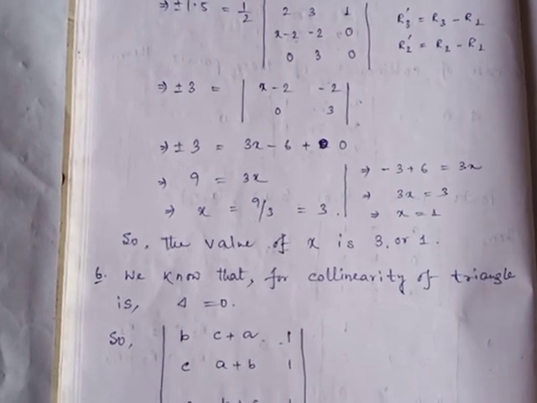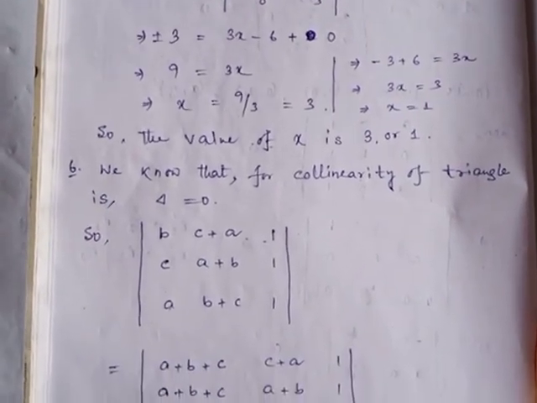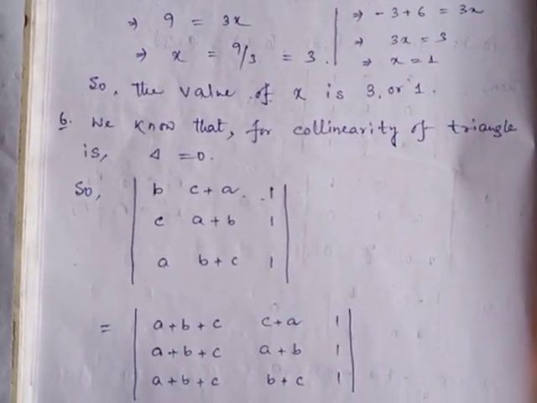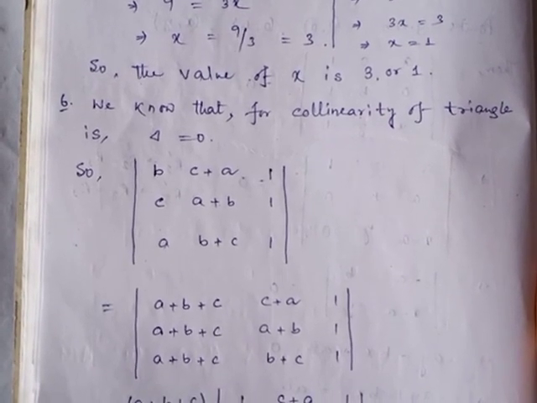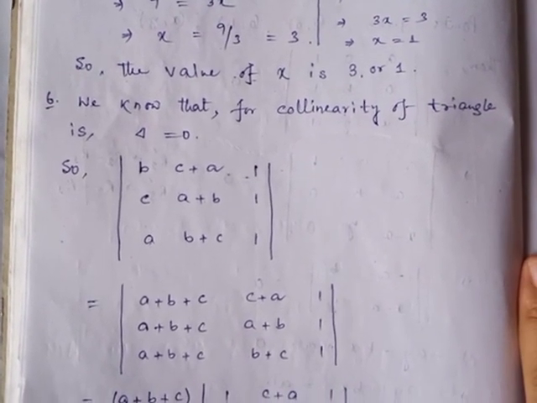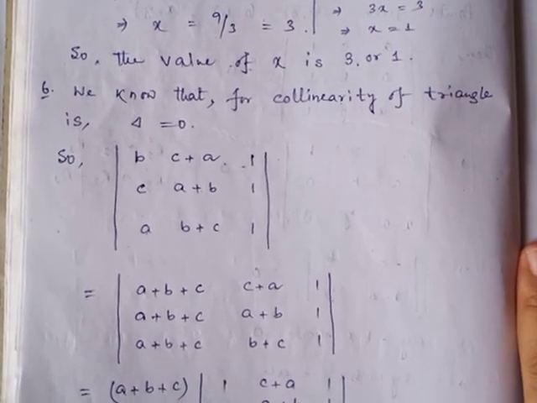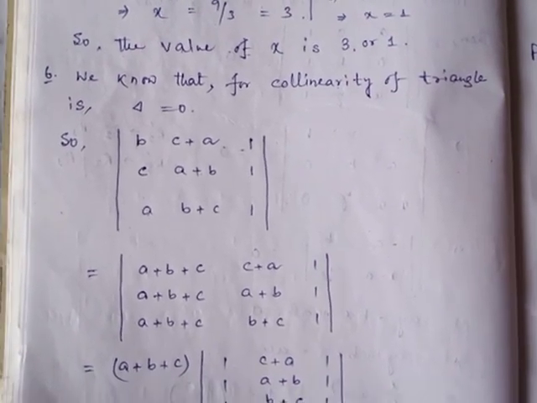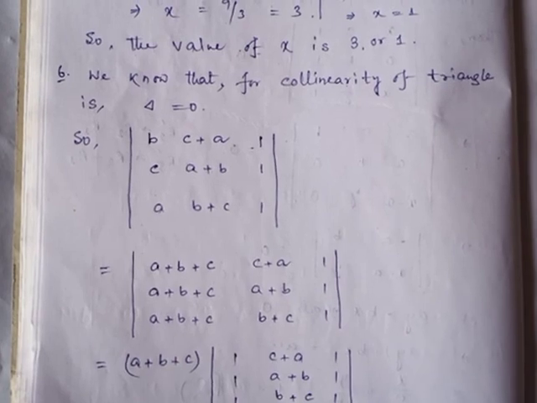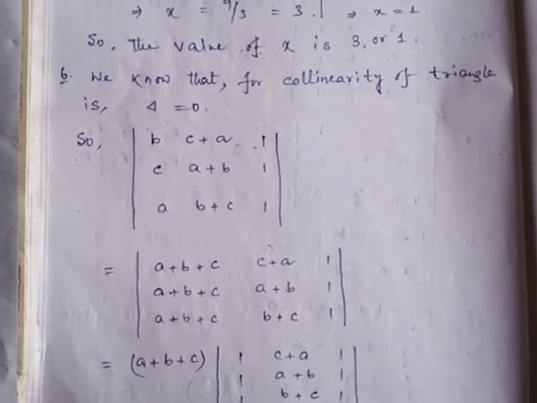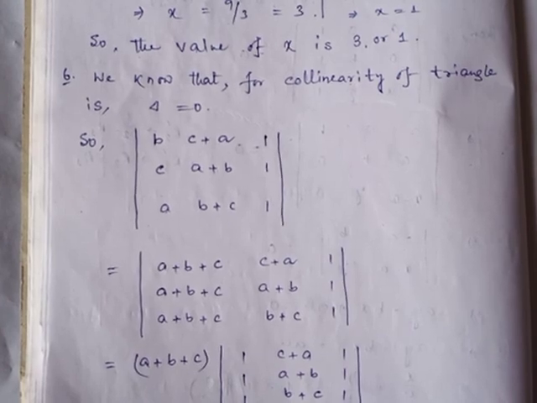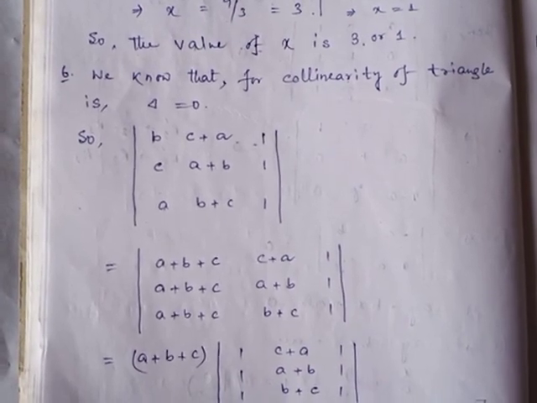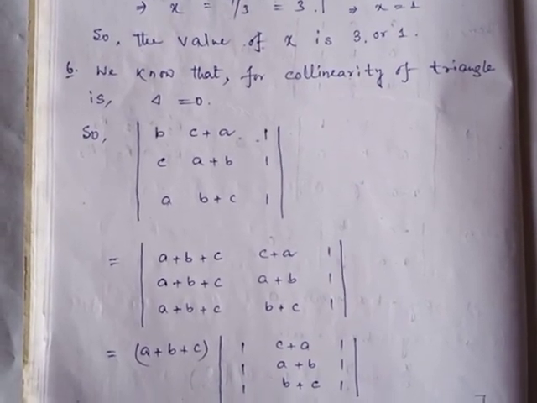And now number 6, collinearity. Collinearity means we know that delta equals 0. So given the determinant with rows a, b, c; a+b, b+c, c+a; 1, 1, 1. Now we are adding: C1' equals C1 plus C2, and C3' equals C3 plus C2.